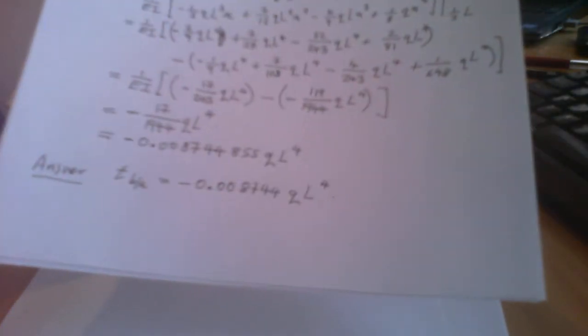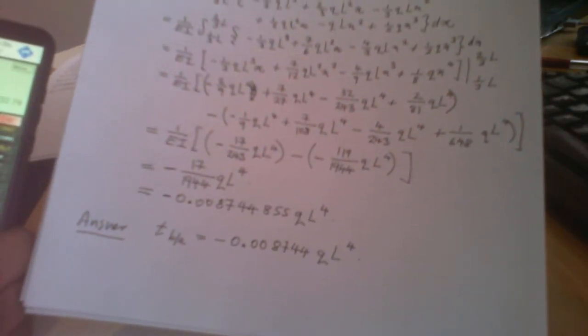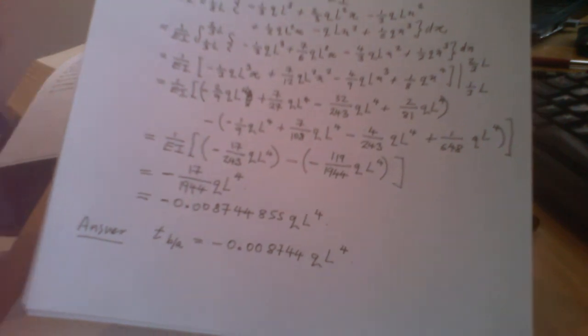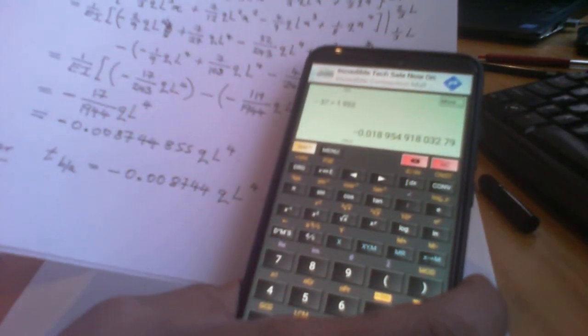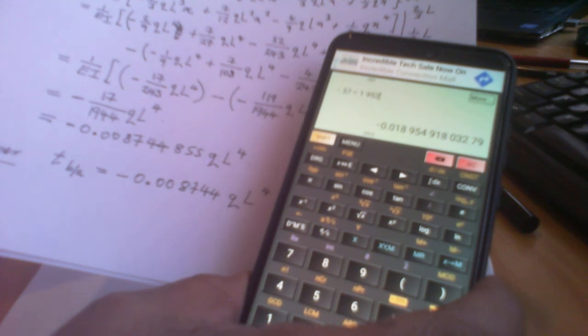Our answer is minus 0.0087, so it can't be option D. So our final answer at the end of the day is minus 0.008744 QL to the fourth power. And then that is the end of question 3.